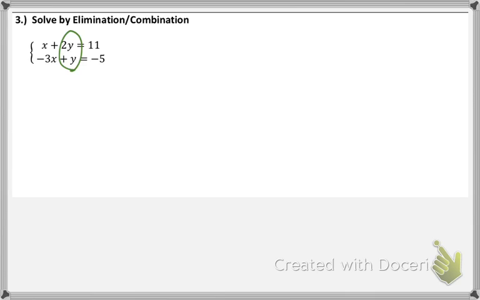I'm going to go ahead and choose to multiply the bottom equation by negative 2. That way it will give me opposites with the y's, and I'll be able to eliminate the y's, and it will also get rid of some of those negative numbers in my problem. So just remember that whatever you do to one term, you're going to do to all of the terms when you're multiplying.